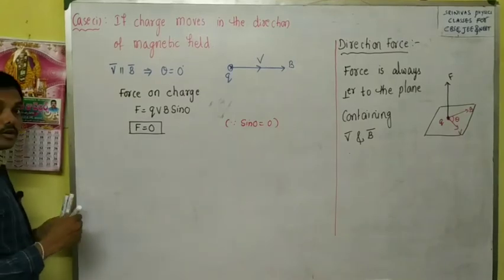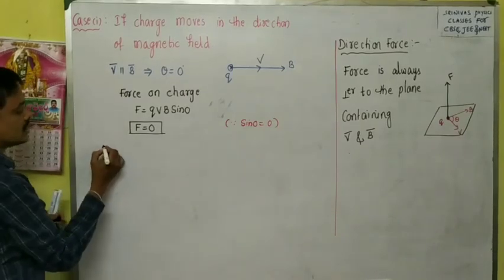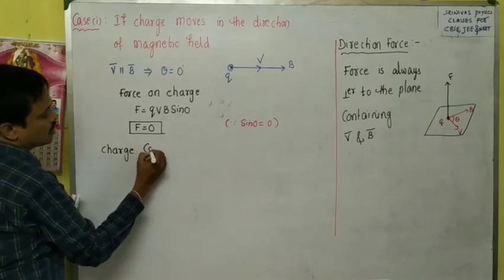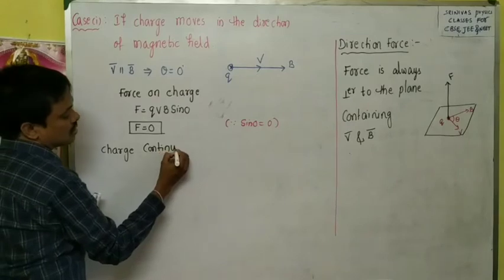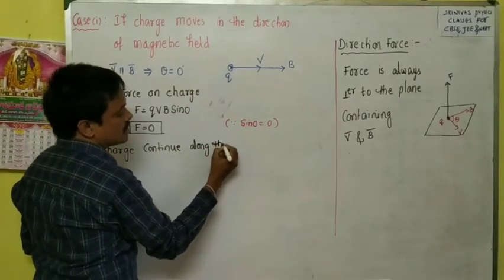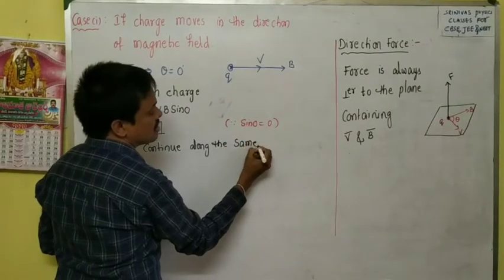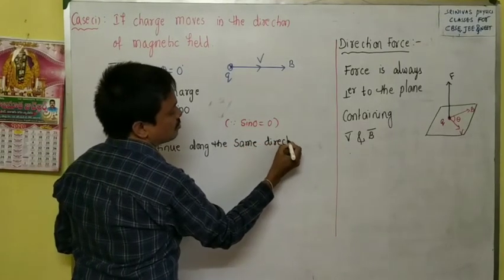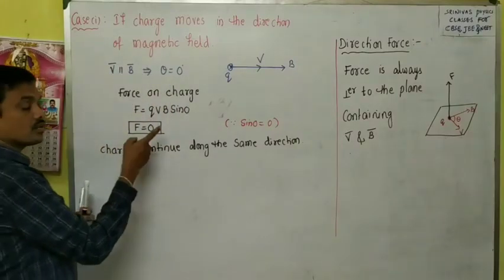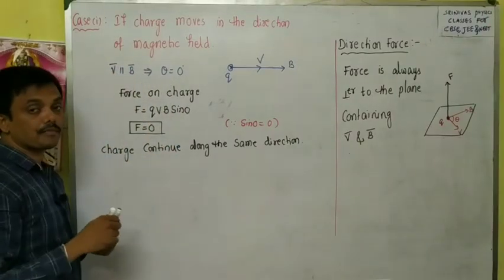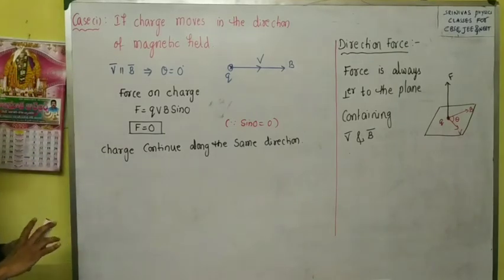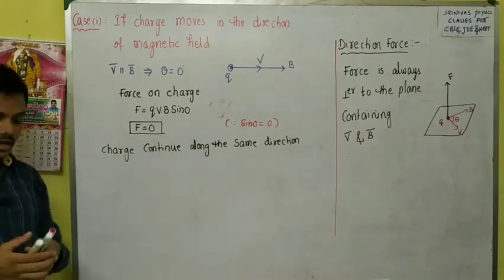Its direction of motion does not change, and its path does not change. Why? Because there is no force. If the force is there, there is a chance to change the path and velocity, but there is no force. That's why the charge continues along the same direction.